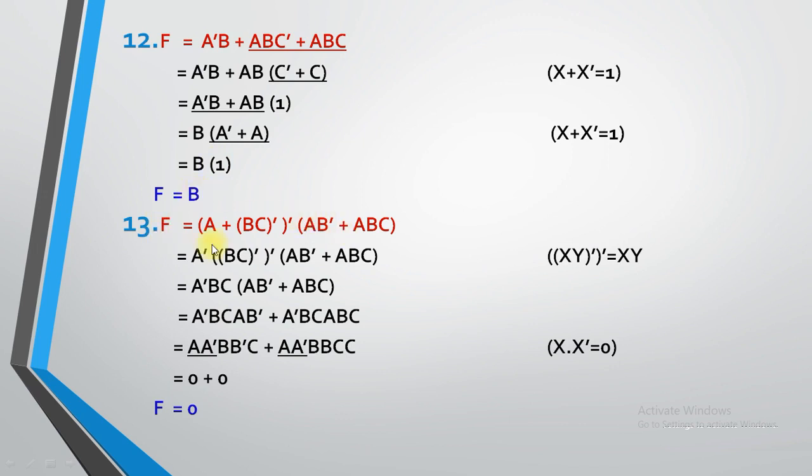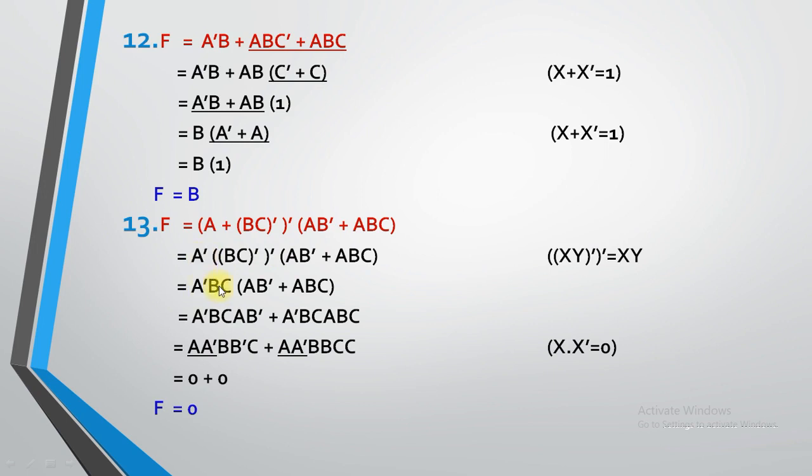And the last postulate based formula is A plus BC whole dash into bracket whole dash. So first of all we need to simplify the given complement. So the A dash gate is converted from plus to multiplication, BC dash whole dash. So this is removed and no need to convert the gate, right?